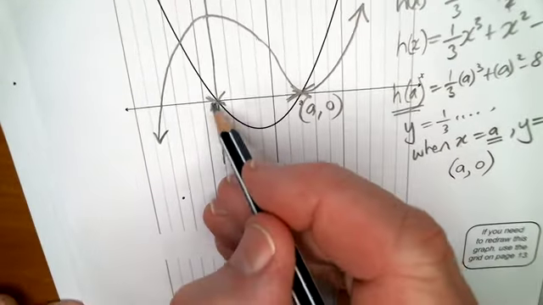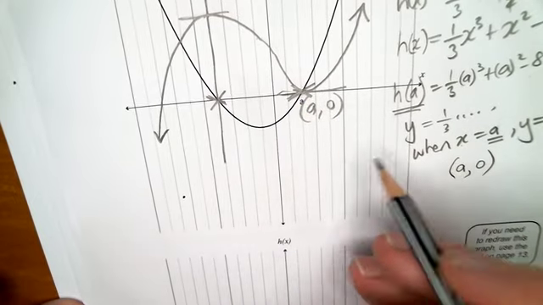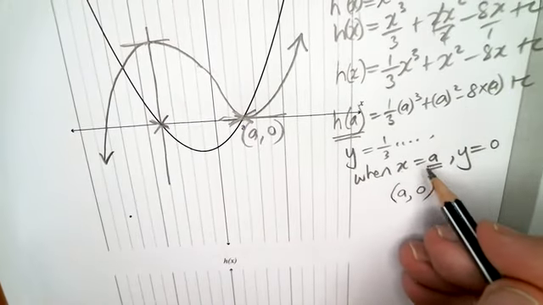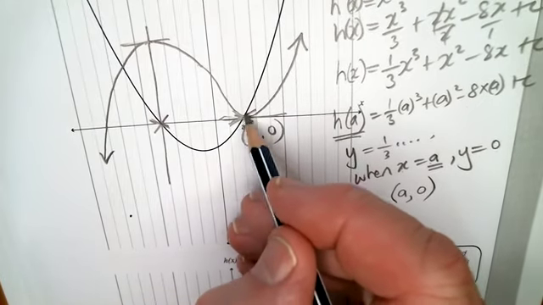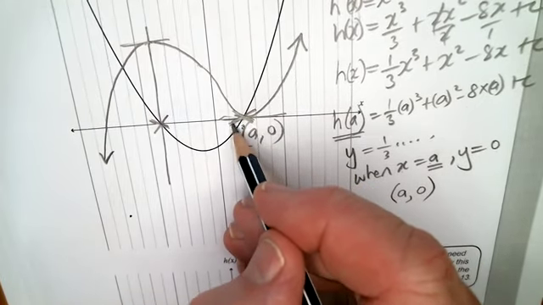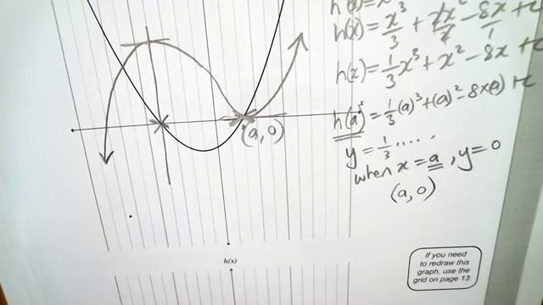It must turn here, and we know that when x is a, y must be 0, so therefore it turns there and at the intercept, if you like, it just touches momentarily that particular point. So that would be how I would draw that graph.